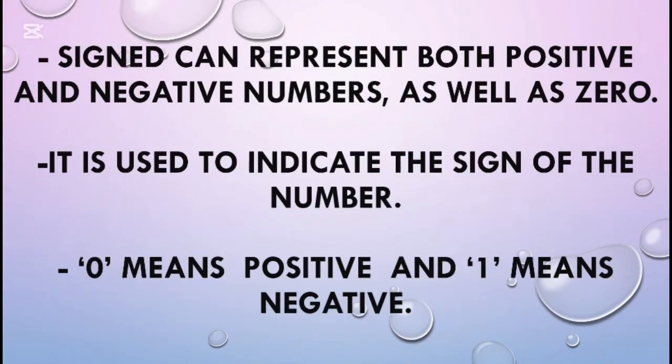So signed can represent both positive and negative numbers as well as 0. It is used to indicate the sign of the number. With this, 0 means positive and 1 means negative. But with bool, 1 means positive and 0 means negative. So you should be mindful.